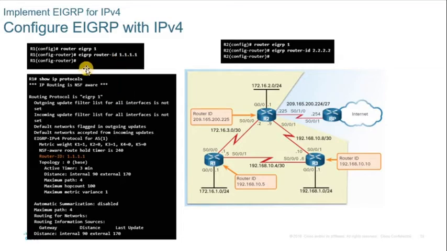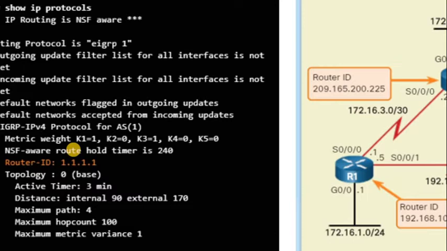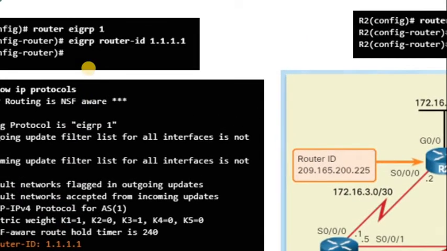So in this case, the router ID of R1, as you can see right here, let me zoom that, is 1.1.1.1, the one that was configured with the EIGRP router-id command.